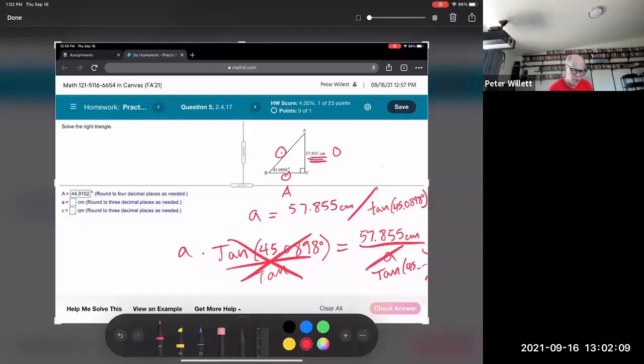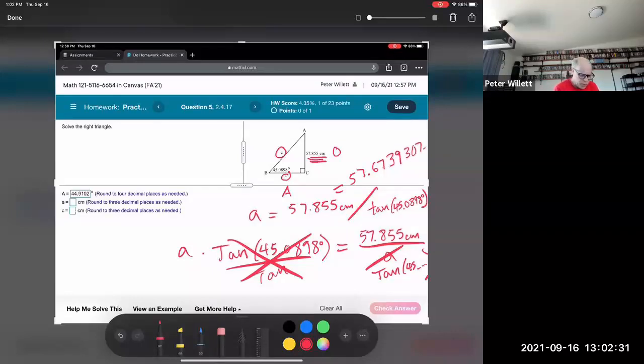So I ended up with pretty close, actually. I got this coming out to be 57.6739307307, way more decimals than I need.